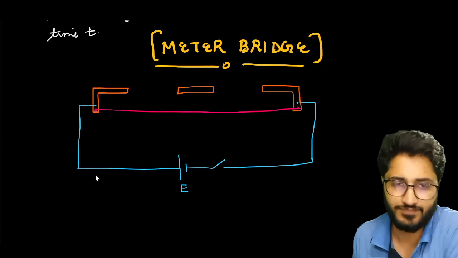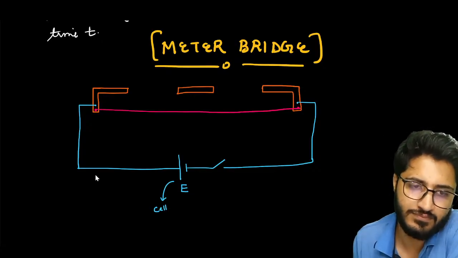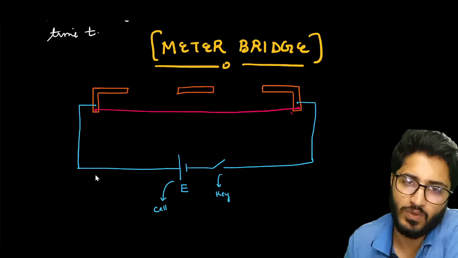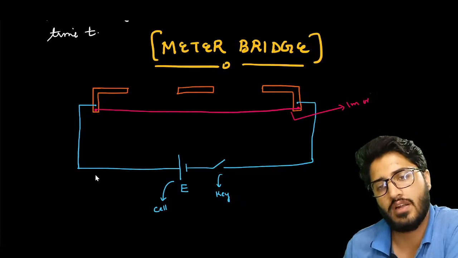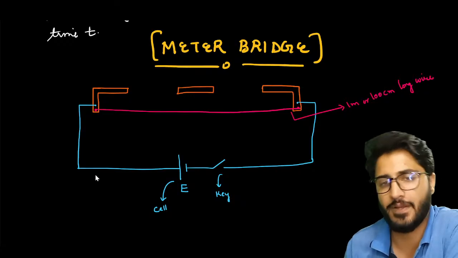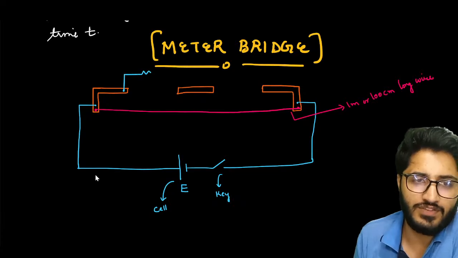Okay, look now. This one represents my cell. This one is the key. And this one is my 1 meter or 100 centimeter long wire or a strip. Here we have one resistor.